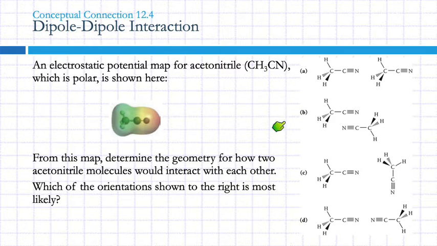Which of these types of interactions is most likely? So this is the nitrogen. This end is going to be a little bit negative, and this end's going to be a little bit positive. So are we going to have the attraction between two positives and two negatives, or between opposite charges? Opposite charges.